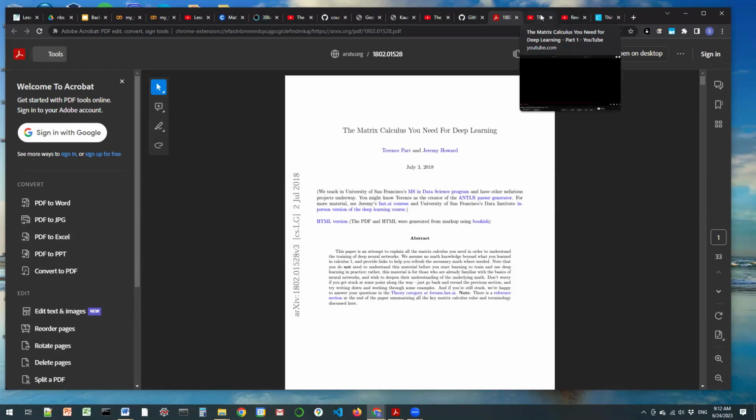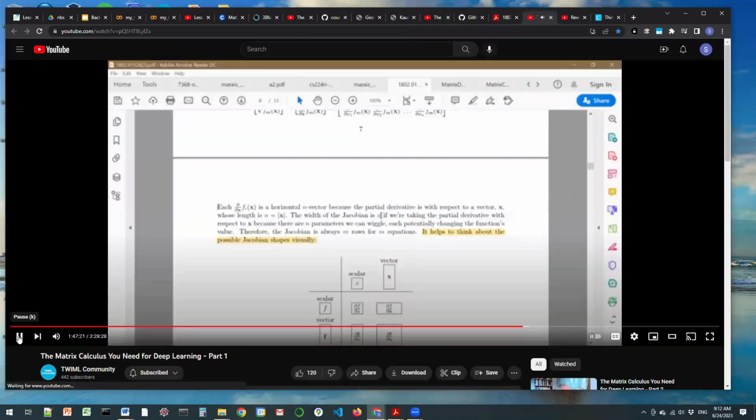Secondarily, we also had a couple of lectures that we went through as part of the TWIML group itself, and I'll post the links to it, where we went through reading the write-up that I just talked about in great detail and discussing the various shapes that result and so on.